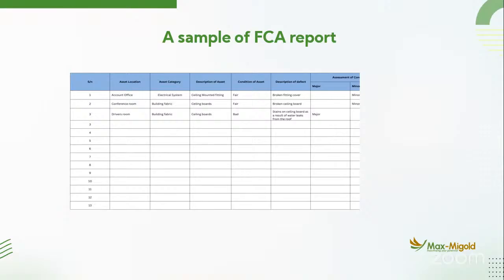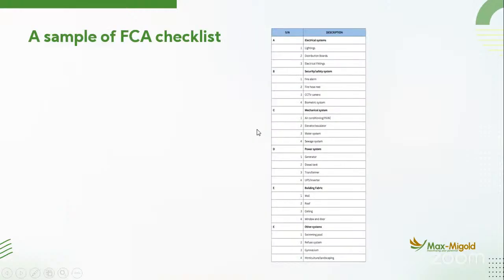So if I have to design my own assessment, at the right corner side, I can put a column where I'm going to put the cost of rectifying the fault. Then this is another type of checklist. This is a level 1 kind of checklist, which is looking at the facility in a system-wise manner.